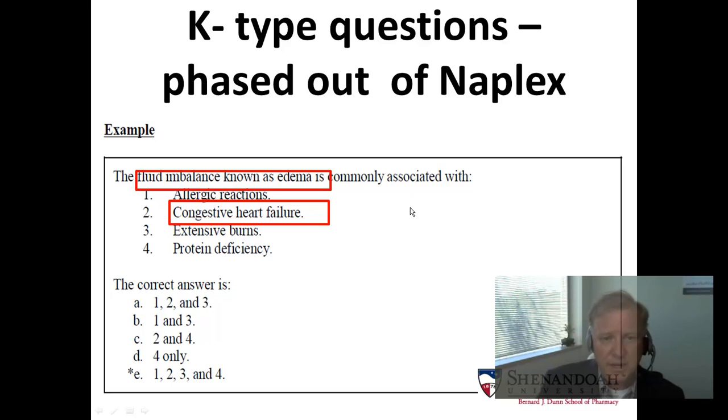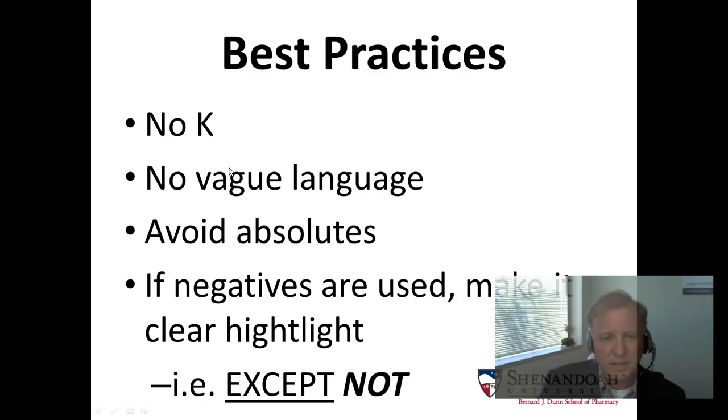The NBME does not recommend them. Medical board doesn't have these type questions. They are psychometrically less reliable than a standard 4-option multiple choice, so don't use them. Please don't use them. So best practices: don't use K-type questions, avoid vague language, avoid absolutes, always avoid absolutes.